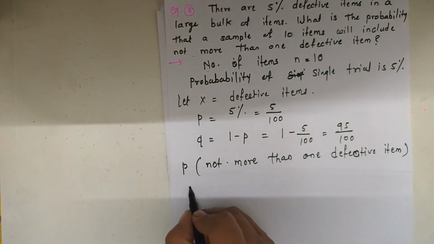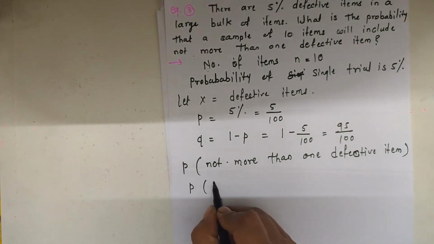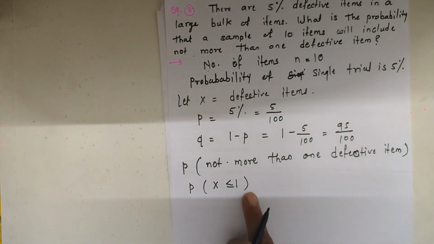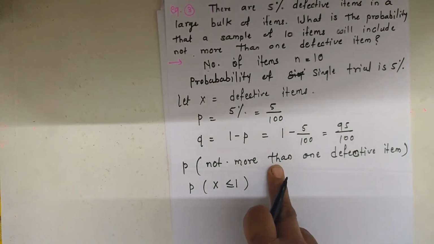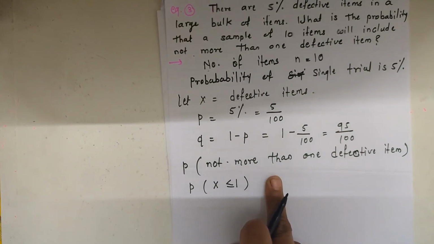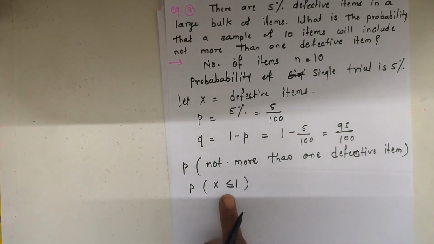And this can be written as probability of X less than or equal to 1, that is not more than one defective atom. In this case, the defective atoms are 1 or 0. So we can write X less than or equal to 1.